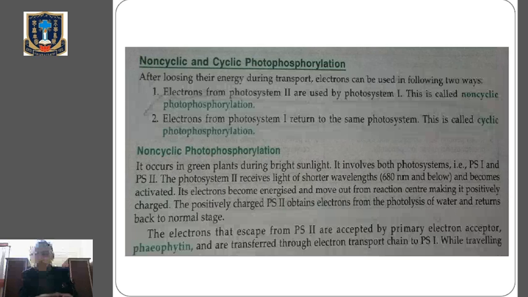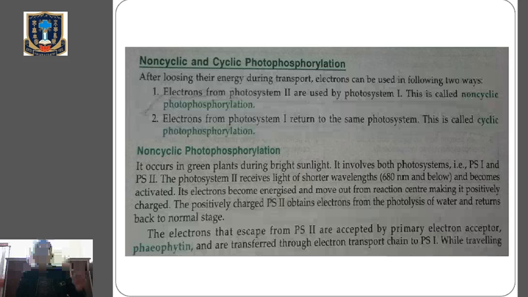Now its electrons become energized, full of energy. Those electrons come out from the reaction center of PS2, making it positively charged, and that positively charged PS2 will obtain the electrons from the photolysis of water, because we have learned that PS2 is characterized by the photolysis of water, and this process will continuously supply the electrons.